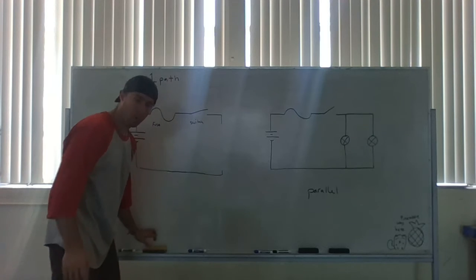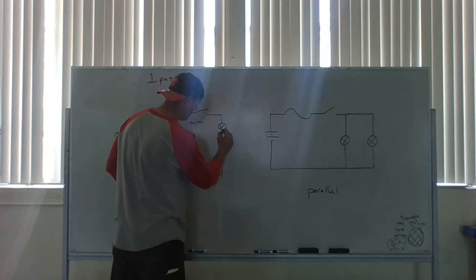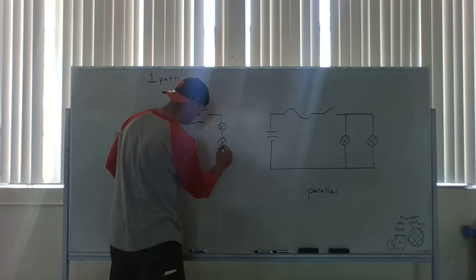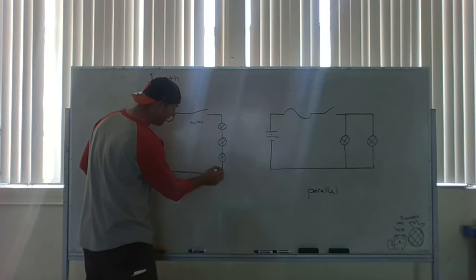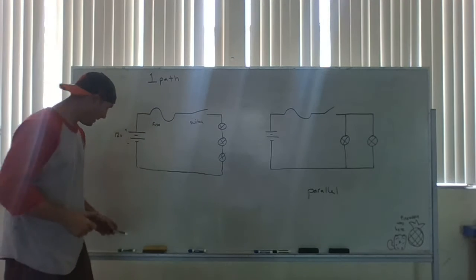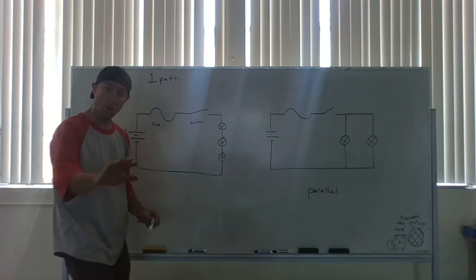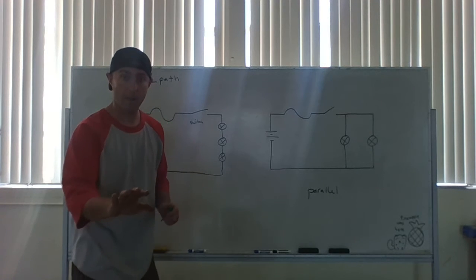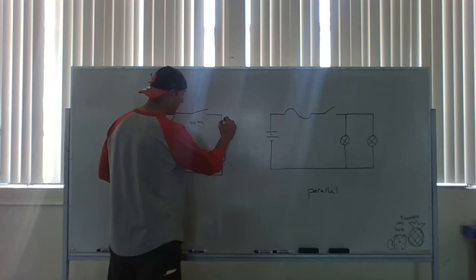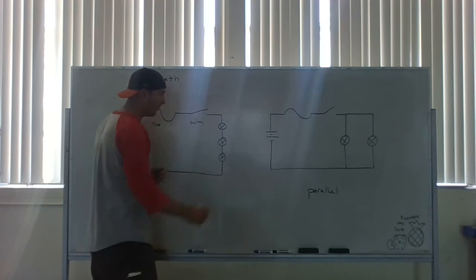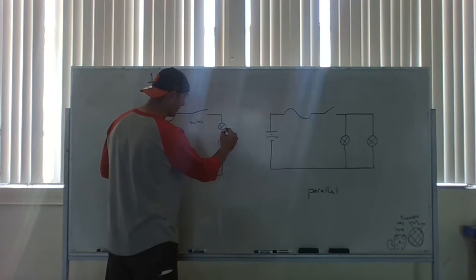If I had 4 bulbs, all right, let's just do 3. I had 3 bulbs. Again, if I was to measure these right here, and they're all the exact same bulb all the way across, I'm going to have 12 volts there. And then that's going to drop by 3, so I'm going to have 9 volts here.